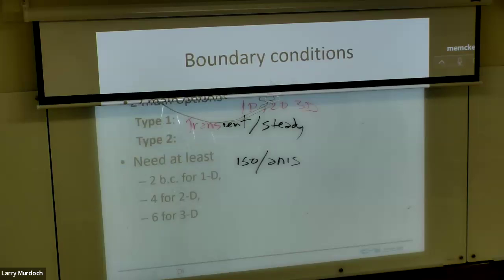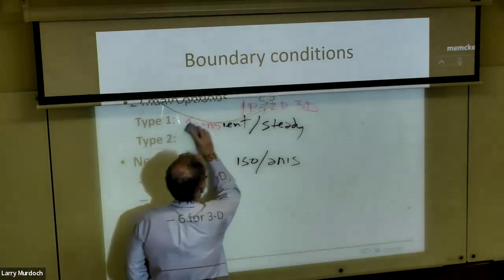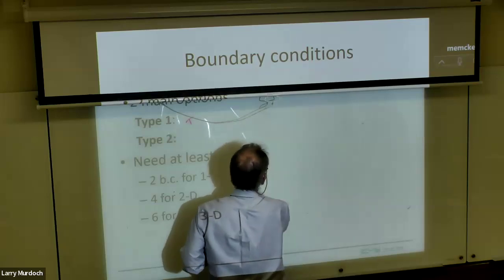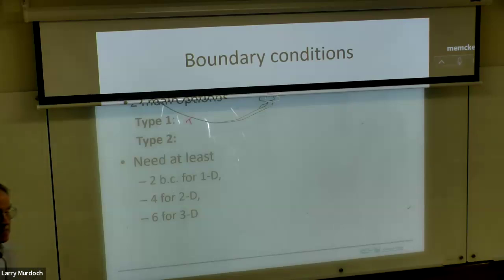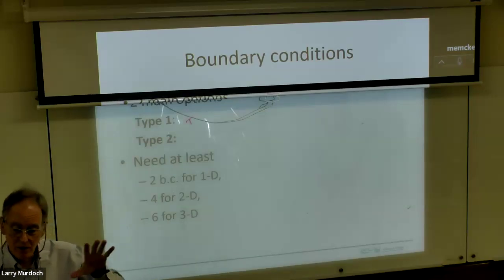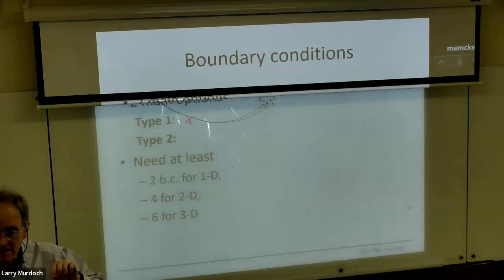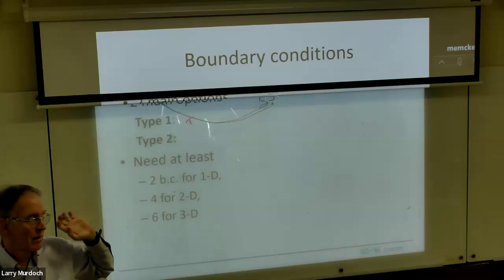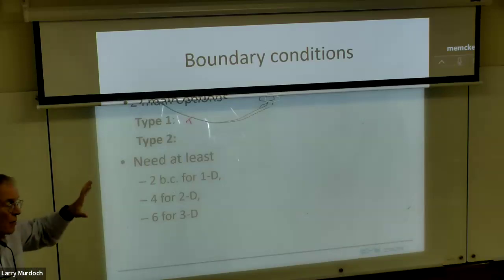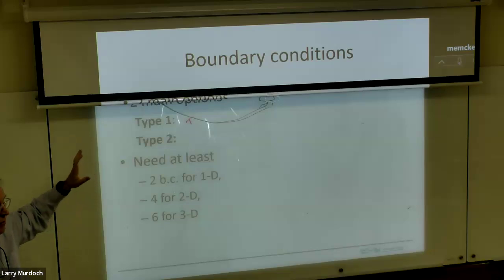The other thing that we need to do is determine the boundary conditions. So in that example that we just saw, there were two types of conditions. Basically, for boundary conditions, we're going to specify something about the variable that we're solving for, the dependent variable. So that's the hydraulic head.